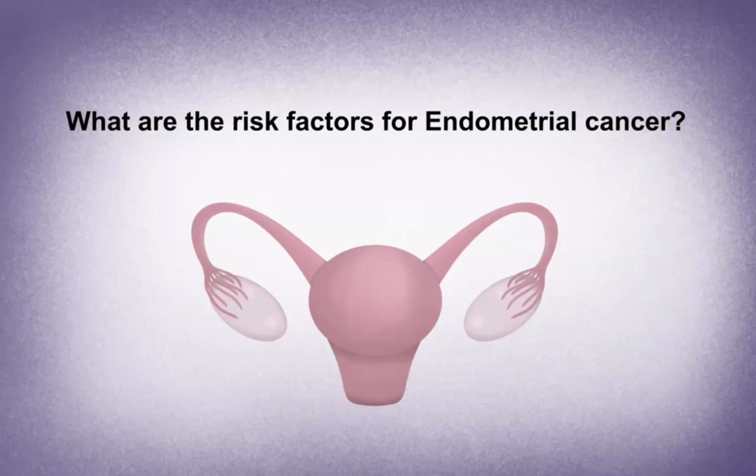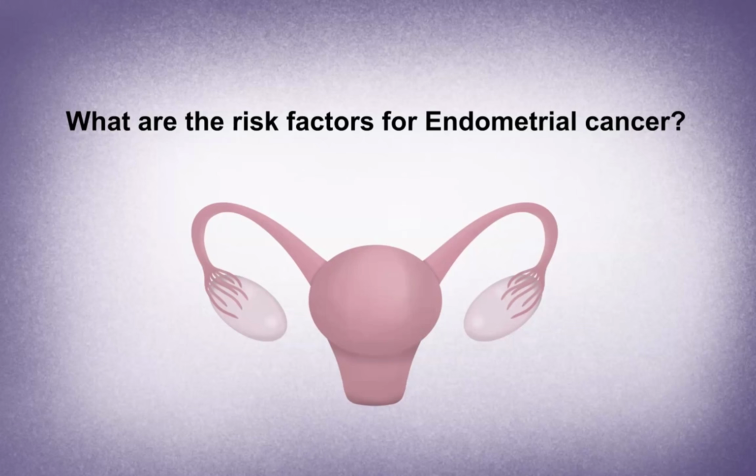Some of the theory is that the longer you are exposed to estrogen throughout your life, the more likely you are to develop endometrial cancer. So some of those risk factors to think about are things like nulliparity, not having children, because during pregnancy you have progesterone levels which rise as well.